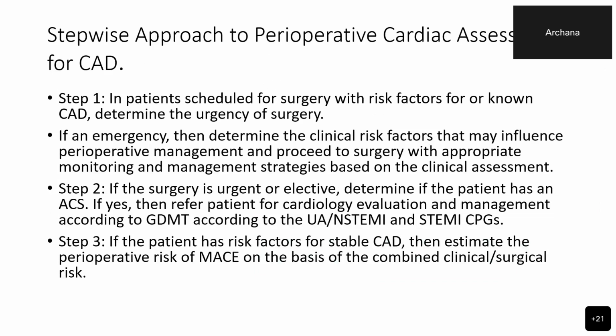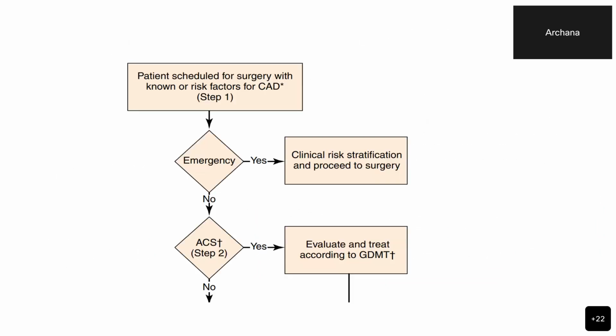So coming to the stepwise approach of perioperative cardiac assessment for a coronary artery disease patient, I will show this with this diagram. In a vascular surgery patient with a known risk factor for coronary artery disease, step one is to classify whether the surgery is an emergency or not.